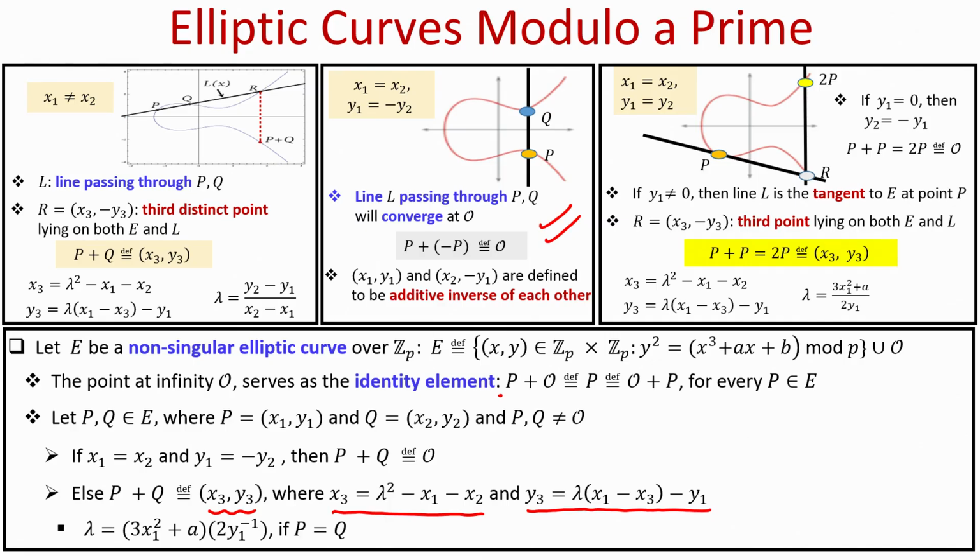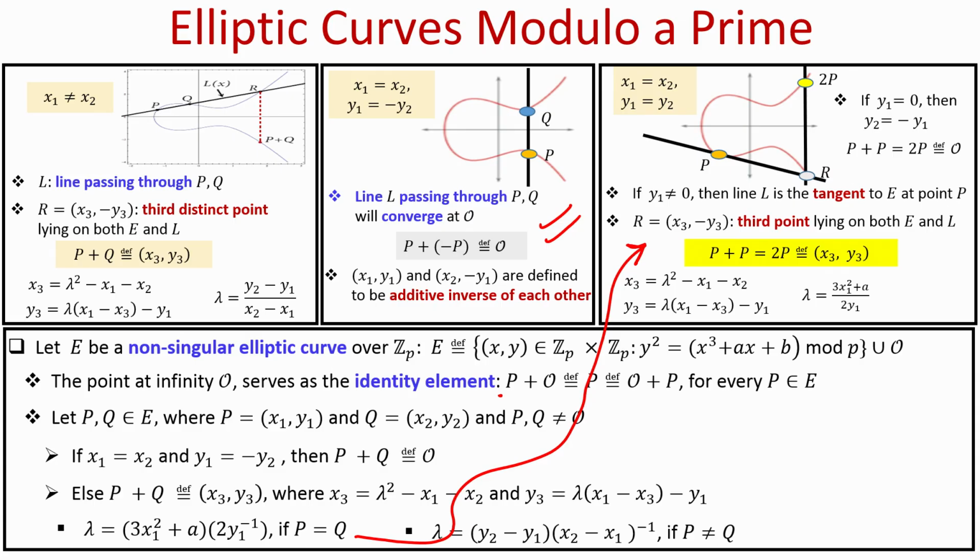And the lambda will be computed in a different way for 2 subcases. If P is equal to Q, then lambda is defined as 3 x1 square plus a multiplied by the multiplicative inverse of the element 2 times y1, and this corresponds to the case we defined for the real numbers.